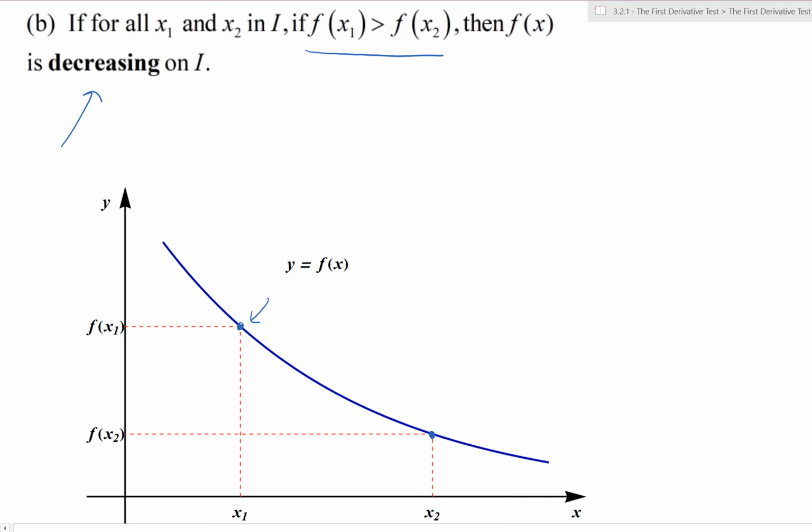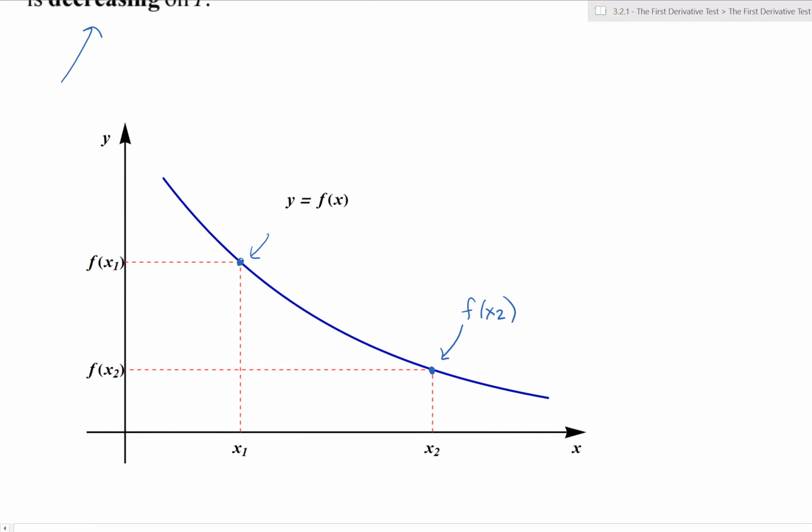No matter which ones we pick, as long as x1 is to the left of x2, the value of the function at x1 should be greater than the value of the function at x2. All that's really saying is the function's output values are decreasing. They're getting smaller in value as we move left to right over the interval.